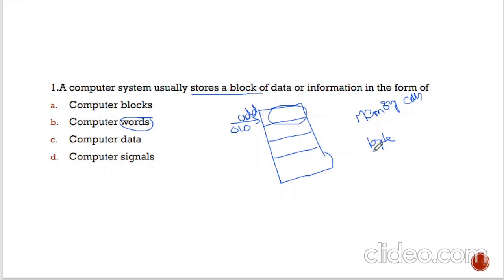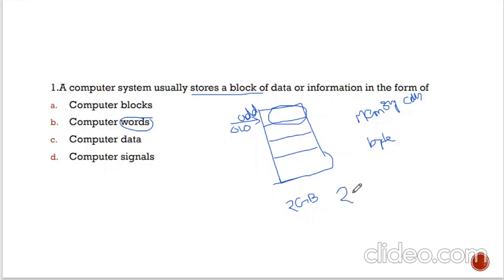So a group of bytes combines into words. Based on the size of that particular memory device, it will be divided into a number of cells. Let us consider the size of that memory device is 2 GB. What is the range of values accessed by a 2 GB memory?